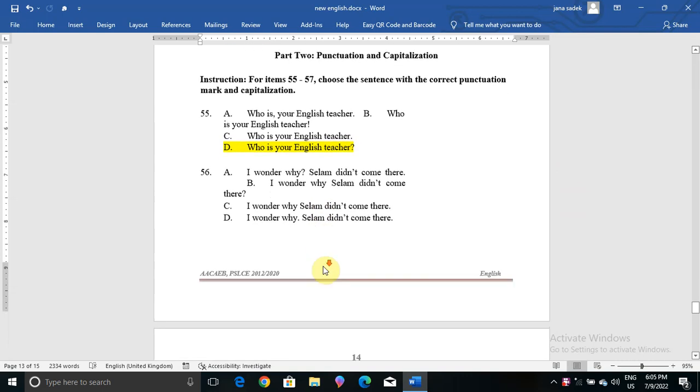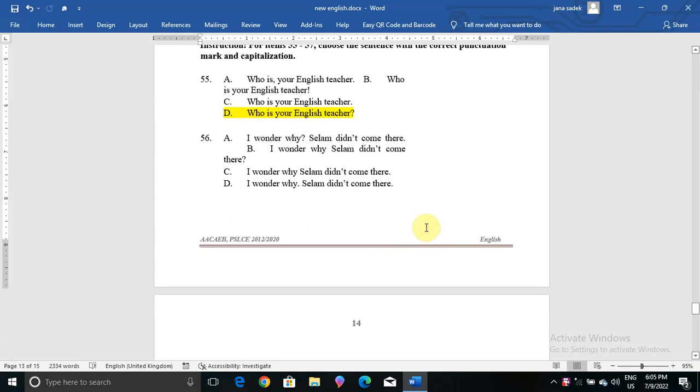Okay, now question number 56 says, I wonder why Selim didn't come there. The same thing, we will see the punctuation and the capitalization. First of all, Selim is a noun, right? It's a name.